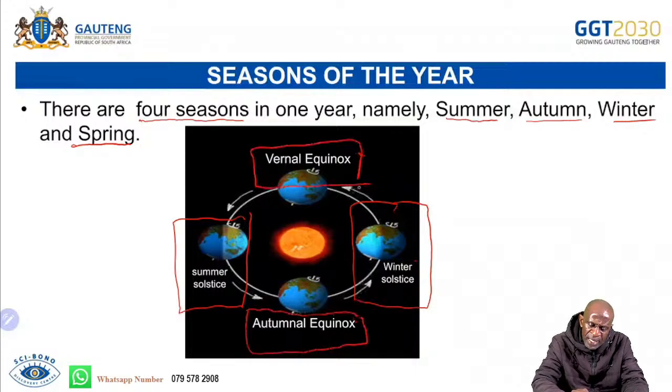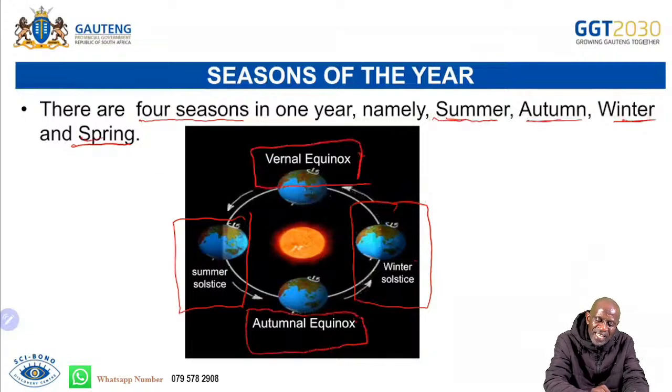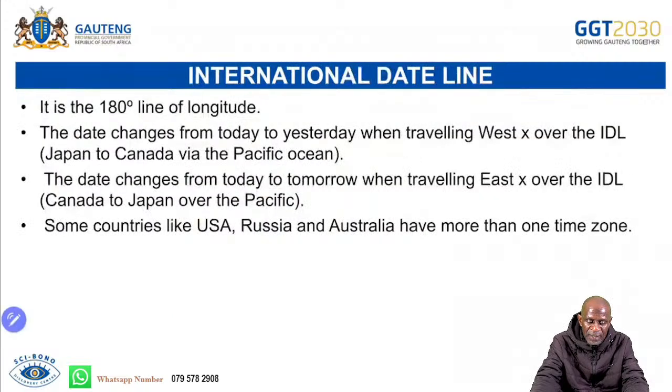So you don't have to stress deeper in understanding the whole thing about the rotation. What you need to know is that we have 4 seasons in a year, and they are going to be critical as we do the calculations or as we discuss the time zones.